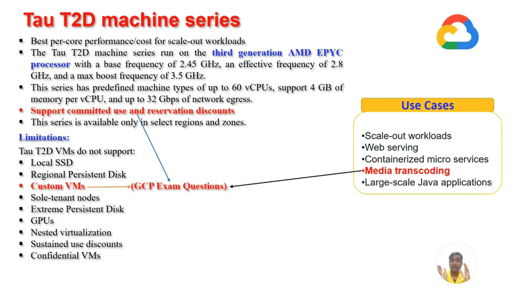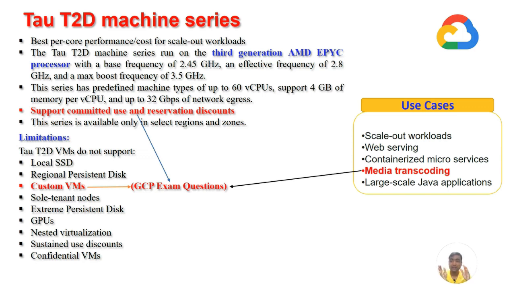Guys, the Tau T2D machine series supports committed use and reservation discounts, and this series is available only in selected regions and zones. Guys, in our lab section, I'll show you, and you can also see that it is available only in specific regions and zones.